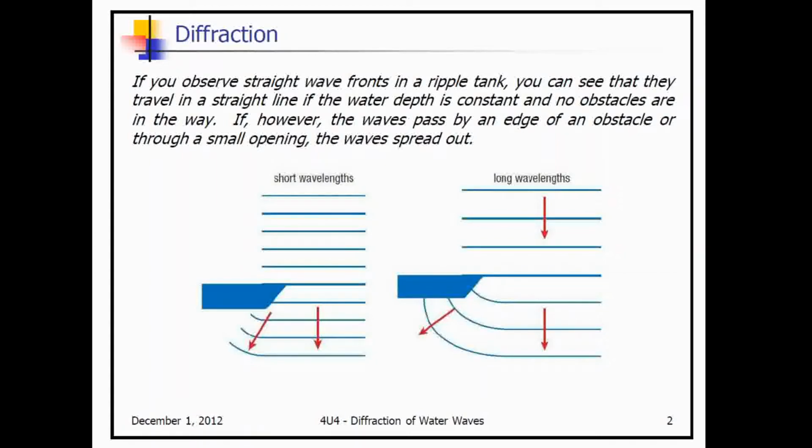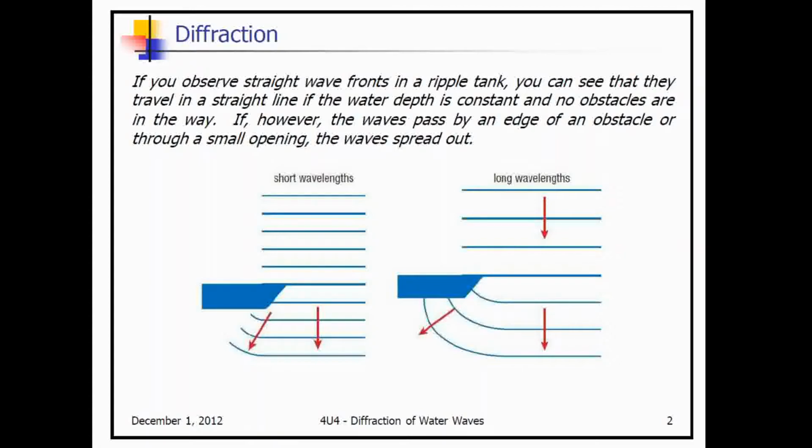When it hits that block, the wave starts to bend after the bevel if it is a short wave, and if it's a longer wavelength, it starts to curve during the bevel.